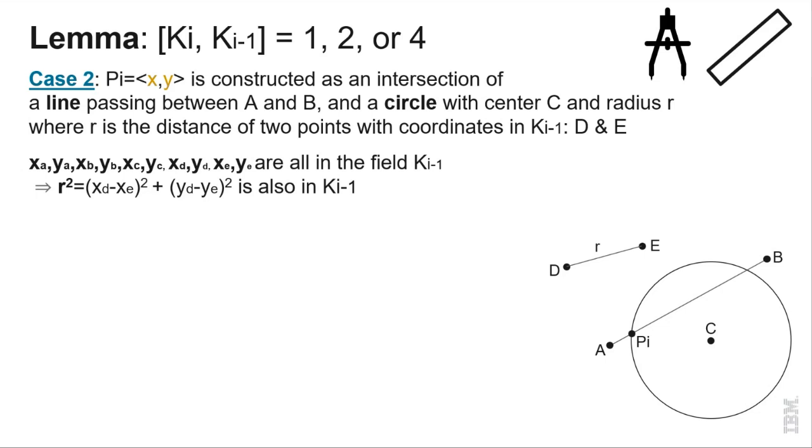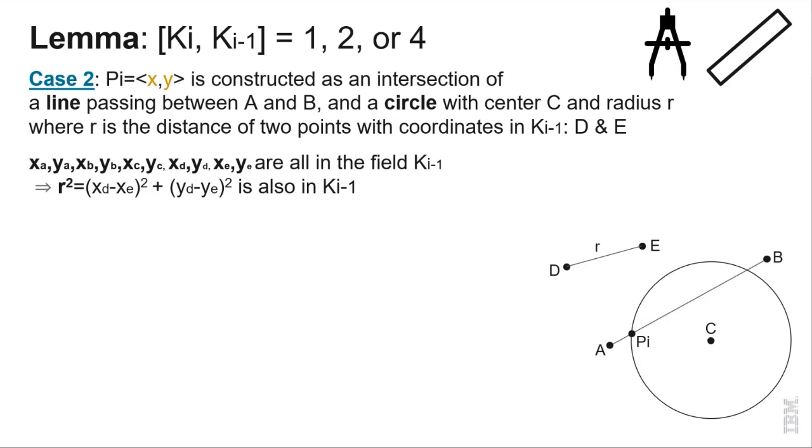Okay, so as before, all the points here except P_i, so we have A, B, C, D, and E, are all inside the previous field, K_{i-1}. So we have all their coordinates. We have 10 coordinates listed here, already in the field K_{i-1}. We also have C. And the thing that we also have is the square of the radius, right?